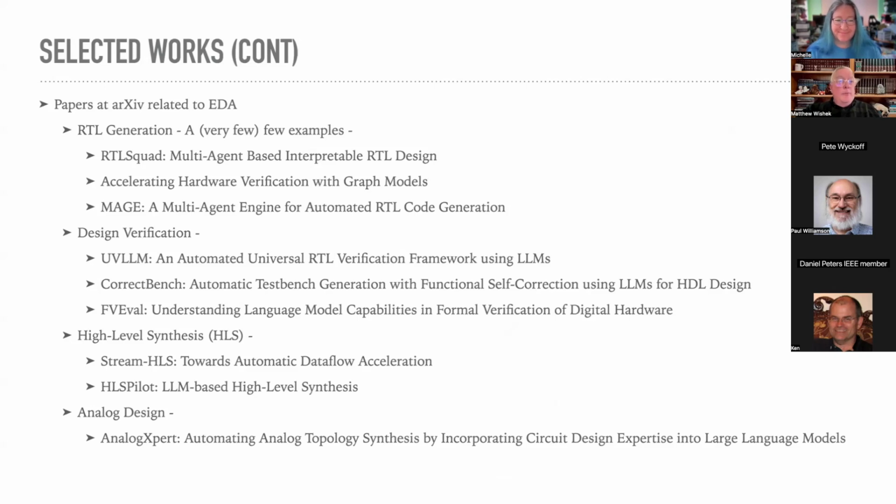In terms of various design categories, for RTL generation there are papers like RTL Squad, a multi-agent based interpretable RTL design. We can generate RTL. And then there's this, which is always an important thing. We talked about schedule risk earlier, and technical risk.